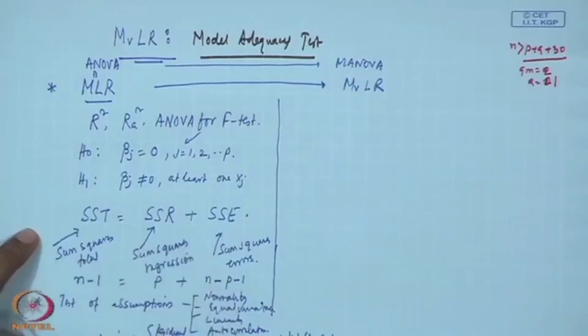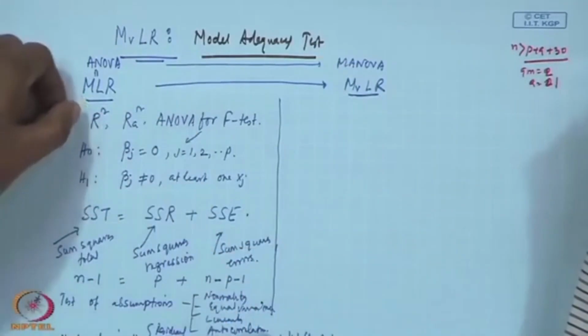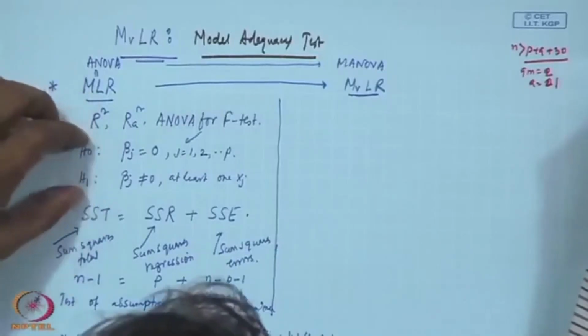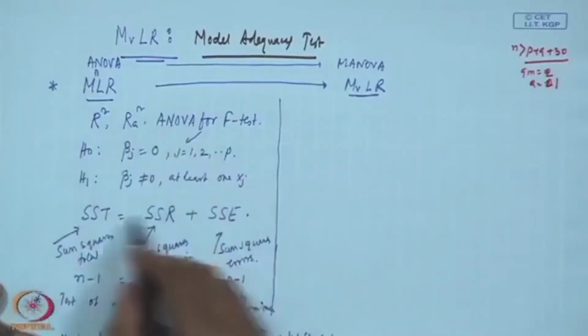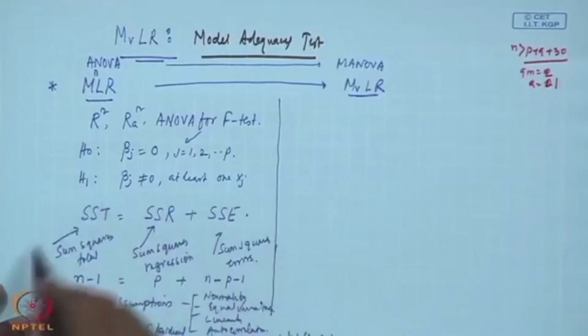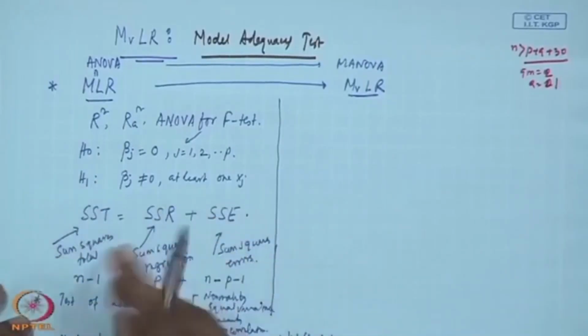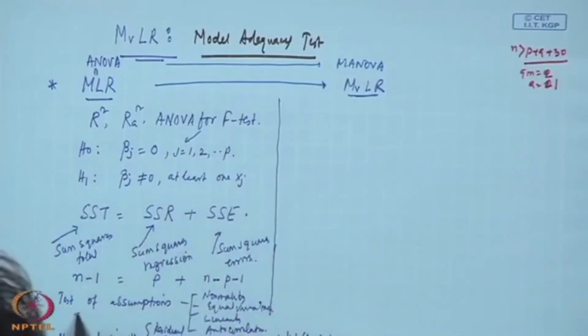So, now let us see how in MVLR we get the F test, R square, adjusted R square, similar things, and how we partition the matrix. That matrix is the total sum of squares cross product matrix, all those things. And what about the test of error assumptions? This, in totality, we will be discussing within this 1 hour or 50 minutes of time.